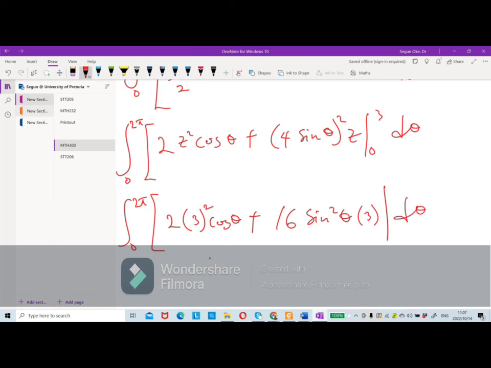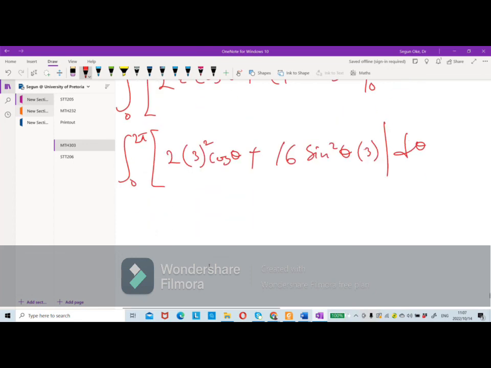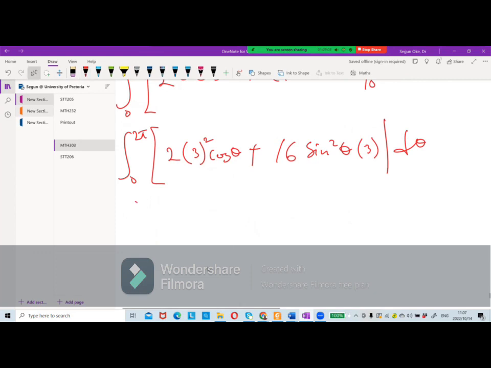Because if you put 0 here, everything will be 0, so you don't need it. Assuming it's theta we are dealing with, we can say cos 0 is 1, but in this case it's everything 0 multiplied by cos theta. So 9 times 2 is 18 cos theta plus 3 times 16, which is 48.